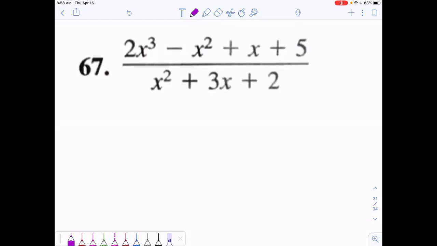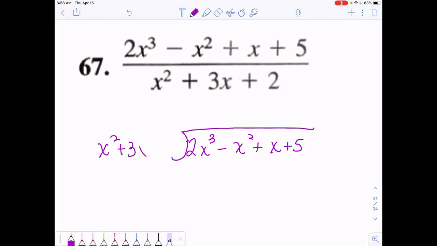The fraction bar means division, so you're taking the numerator divided by the denominator, and we are going to divide something out of that numerator so that it becomes a proper fraction.